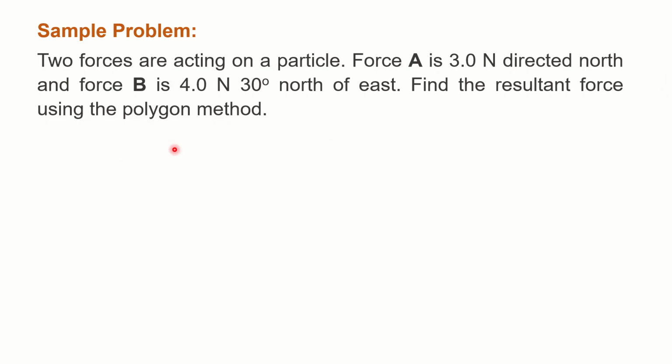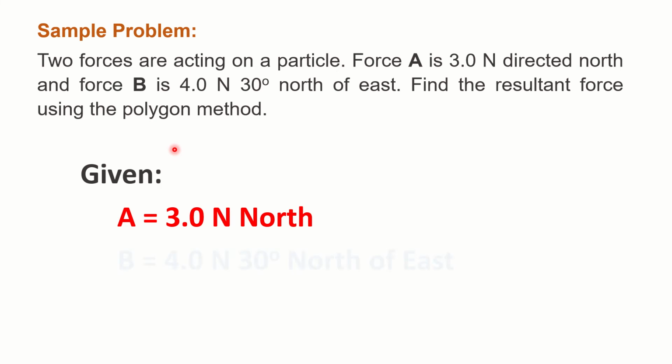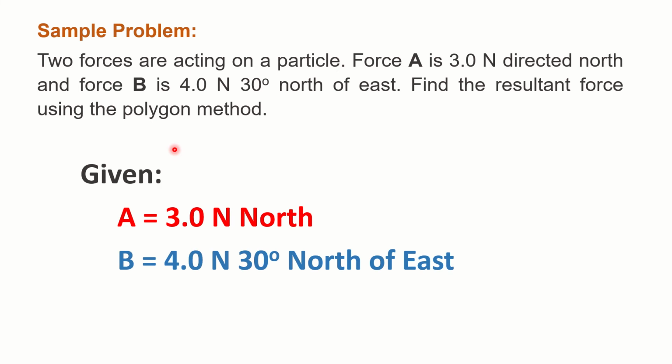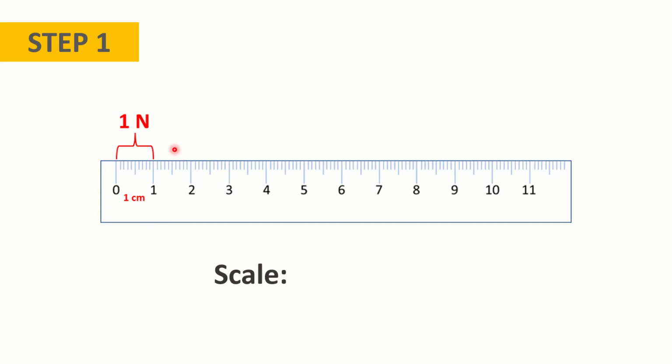Our given: force vector A, which is 3 newtons north, and force vector B, which is 4 newtons 30 degrees north of east. Our first step is to assign a scale that would represent our quantity. We have here a centimeter ruler, wherein every 1 centimeter will represent 1 newton.